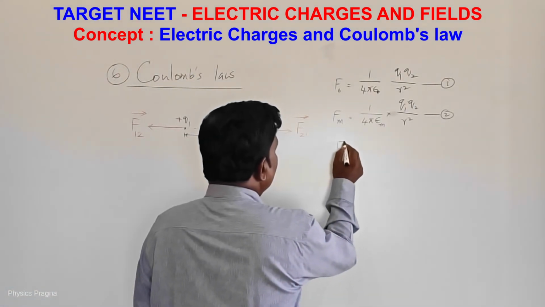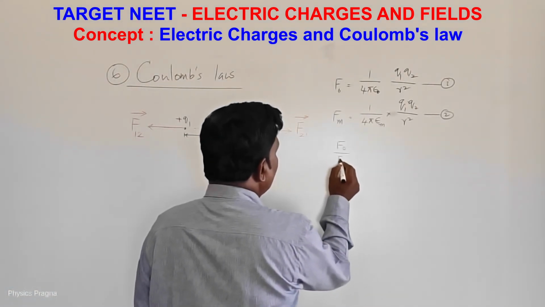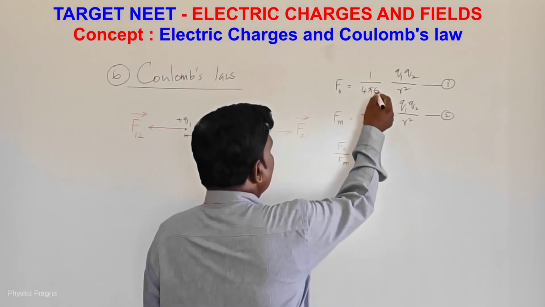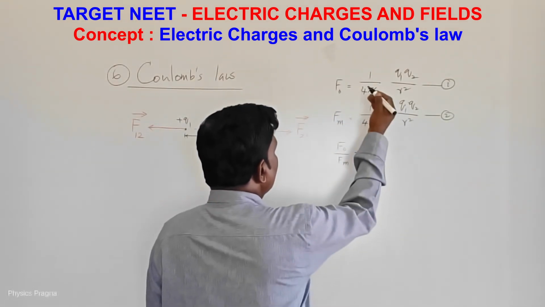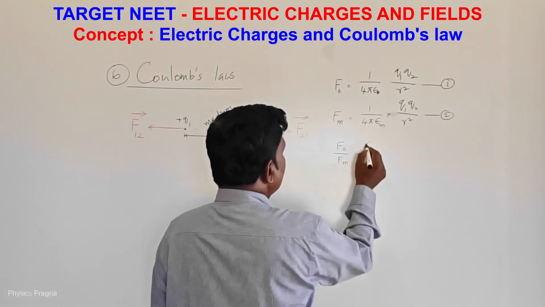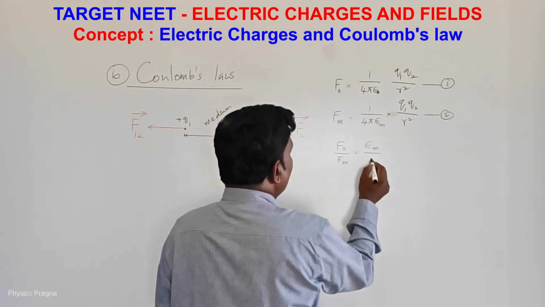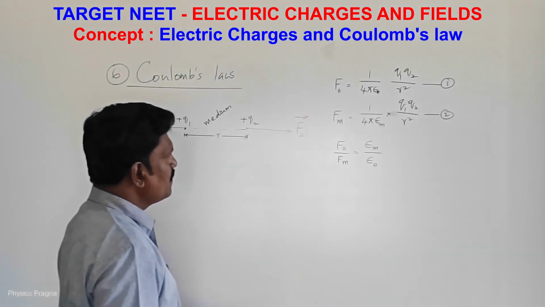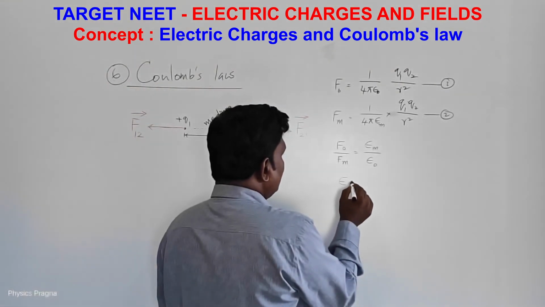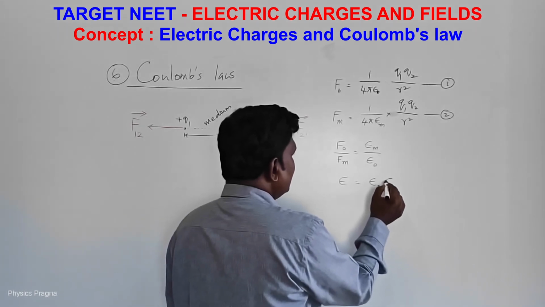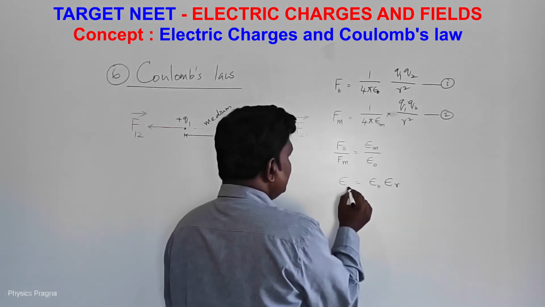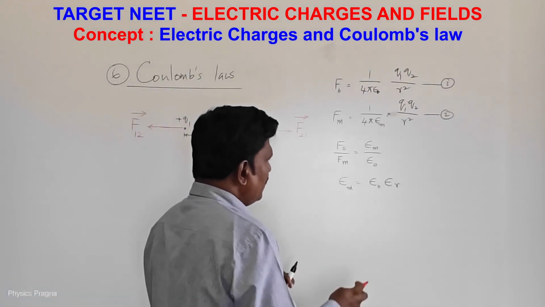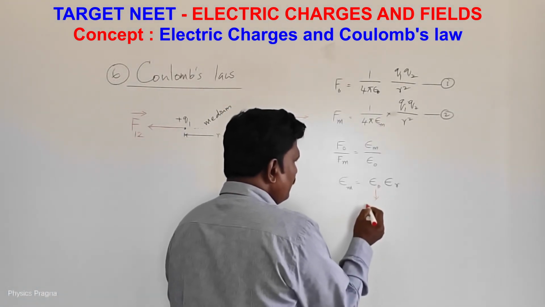If we take equation 1 by equation 2, the epsilon naught comes down and epsilon m goes up, giving epsilon m by epsilon naught. So we came to know that epsilon is equal to epsilon naught epsilon r. This is the medium permittivity, and epsilon naught is the vacuum or air permittivity of free space.